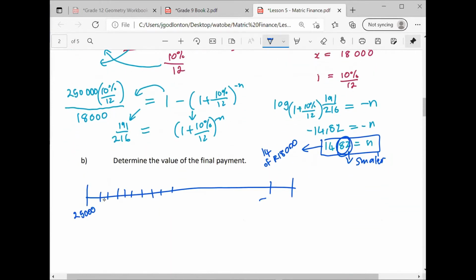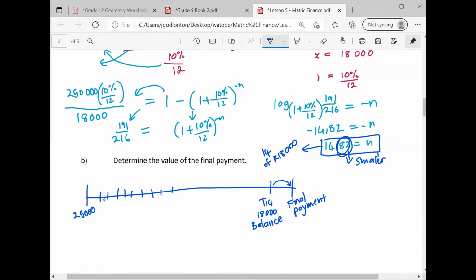So this time period over here, that's my 14th payment. That's the last time I made my last full payment of 18,000. Then that amount, so this is my balance of my loan at T14. That money then sits in the account for a month before I make my final payment.